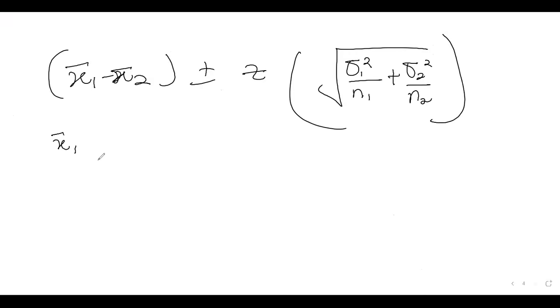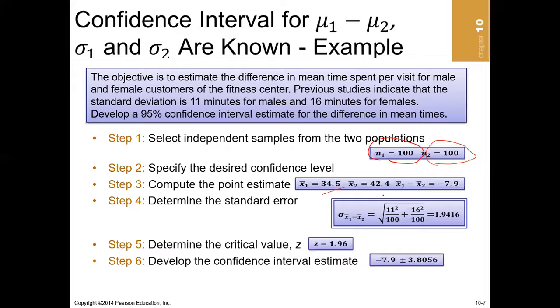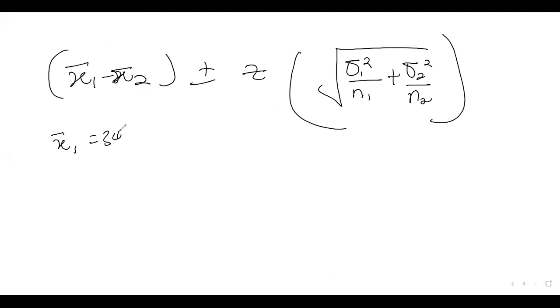So in the question, the mean of group 1 is 34.5, that of group 2 is 42.4. Then obviously the Z is 1.96 because we are testing at 95% confidence. Then the sample size for group 1 is 100.